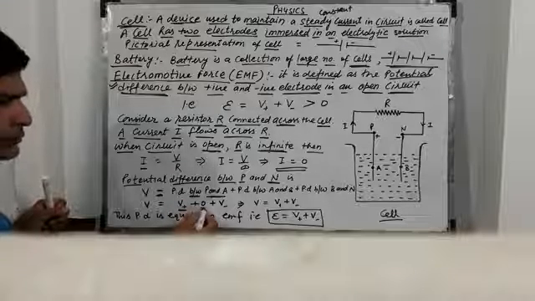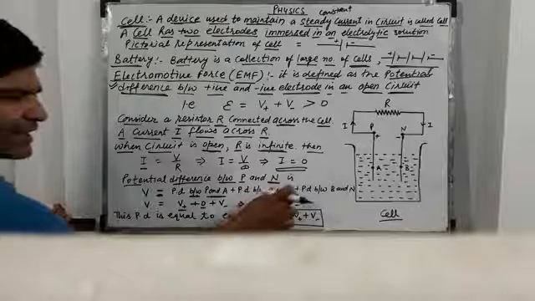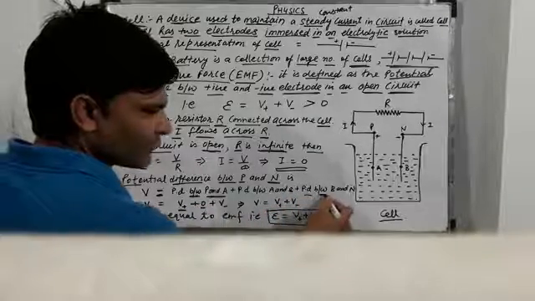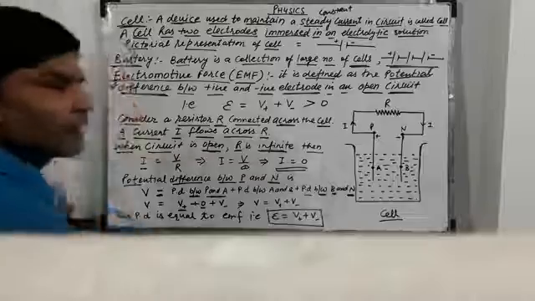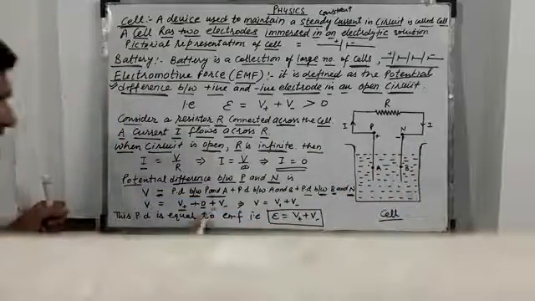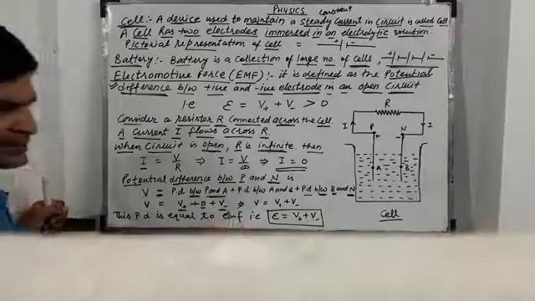Then the potential difference between A and B is 0, plus the potential difference between B and N, that is V minus.